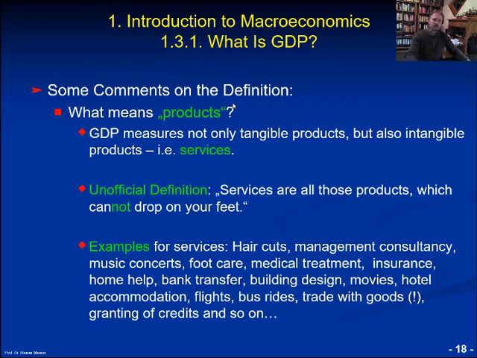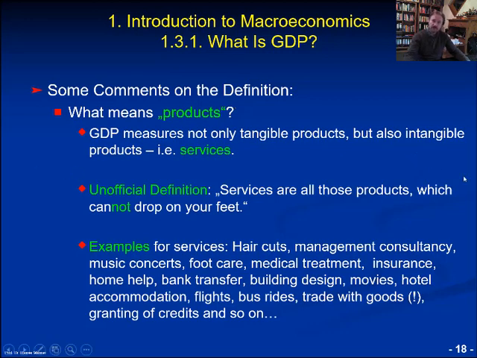Well, the unofficial definition is that services are those products that cannot drop on your feet. Examples for services are haircuts, management consultancy, music concerts, child care, medical treatment, insurance, home help, bank transfers, building design, and so on. So I think you all have an intuitive understanding of what services are.